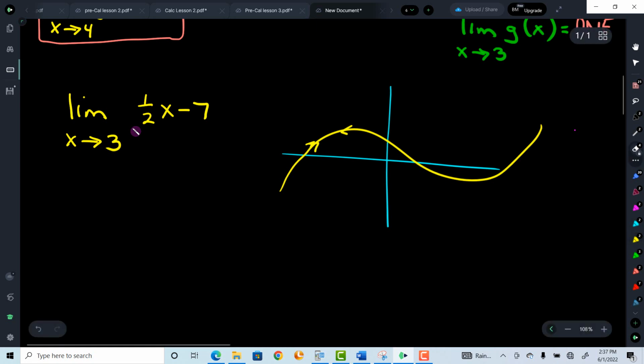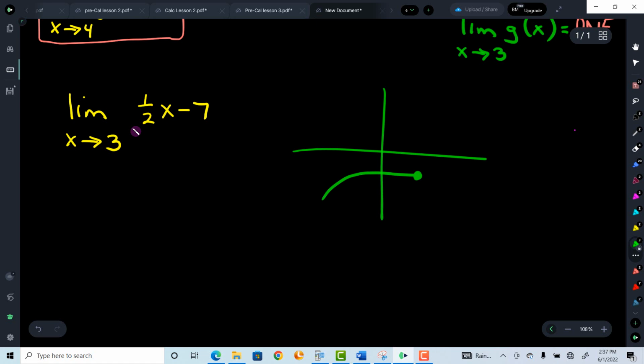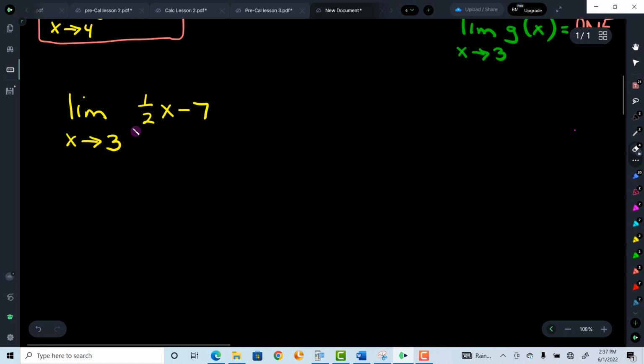The only time that that is not the case is when we have some sort of jump in there, something like this. Then we have something different. But when we're looking at a linear function or a polynomial, we don't have to look at the left and the right.